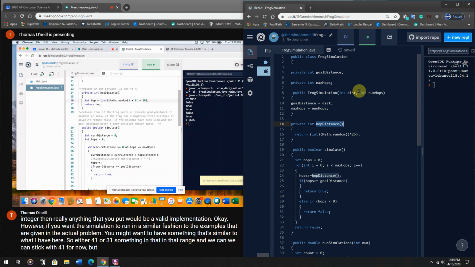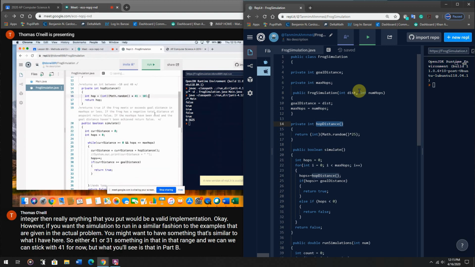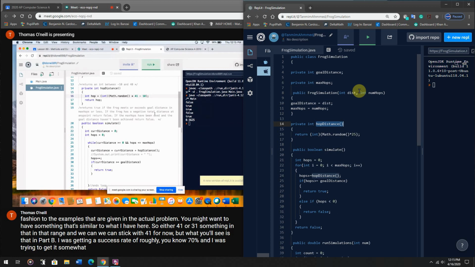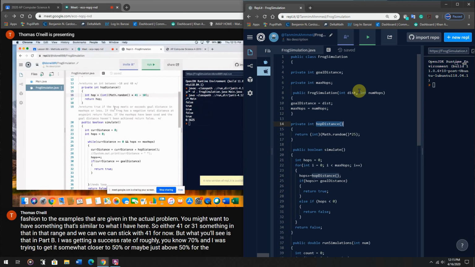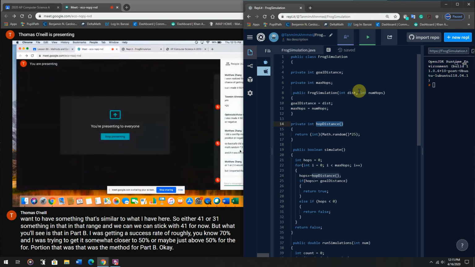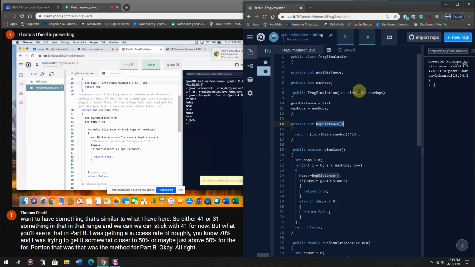But what you'll see is that in part B, I was getting a success rate of roughly 70%. And I was trying to get it somewhat closer to 50%, or maybe just above 50% for the proportion. That was the method for part B. Okay. All right then.